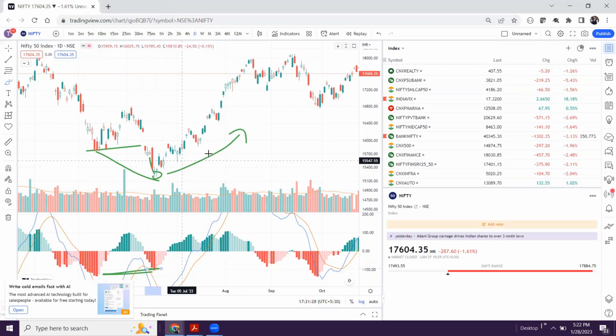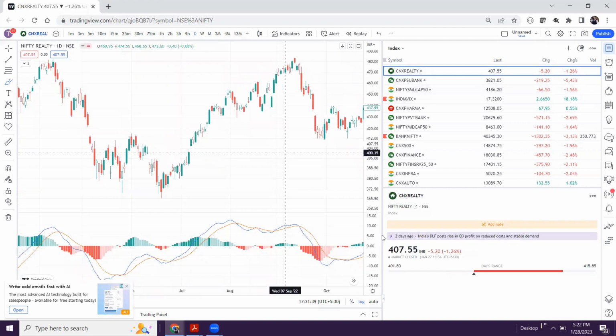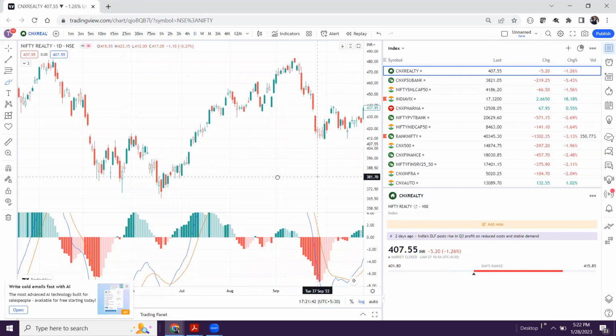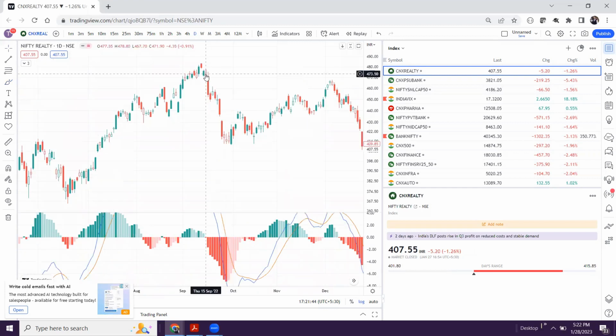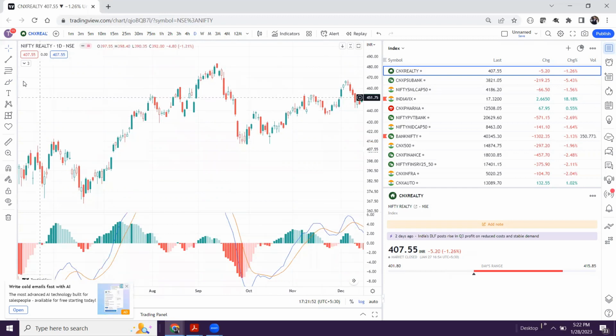Let us see some other charts and see if divergence indicated a fall. Now let us see the chart of real estate. From here the price is falling, and if you compare again with previous swings, there is a clear divergence. Let me mark it. So this is a divergence.